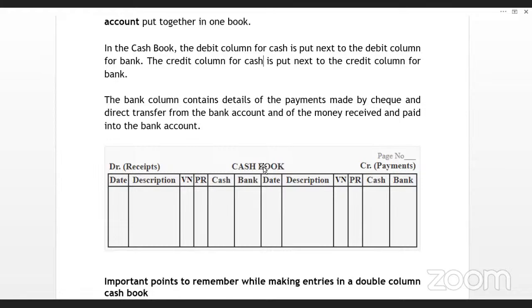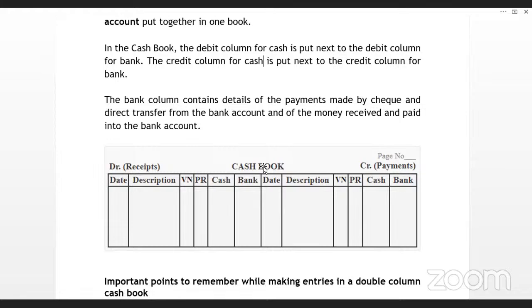Then on the credit side, we still have the same columns as on the debit: date, description, VN, PR, cash, and bank.